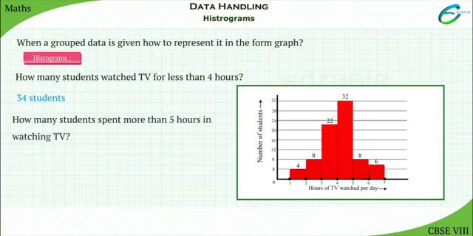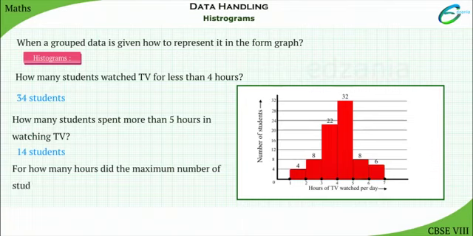Yes, if we observe the graph carefully, we can see that 14 students spent more than 5 hours watching TV. Now tell me, for how many hours did the maximum number of students watch TV? Look at the graph. The maximum number of students watch TV for 4 to 5 hours.